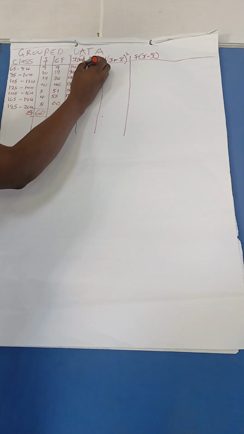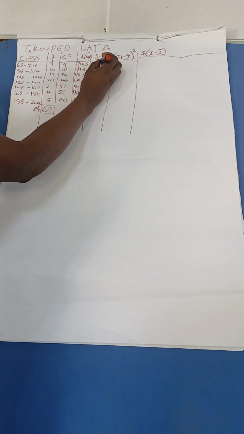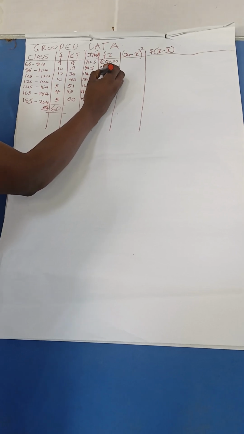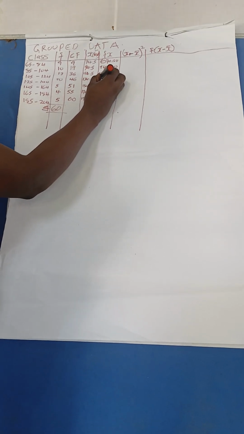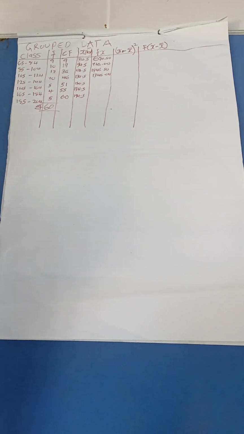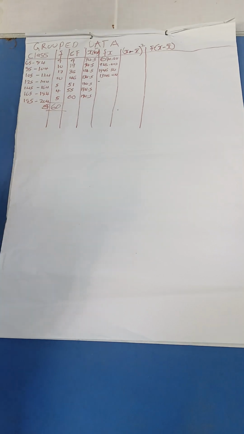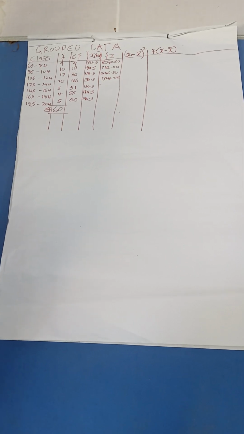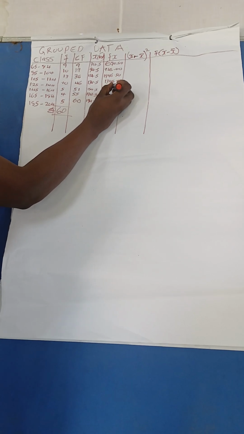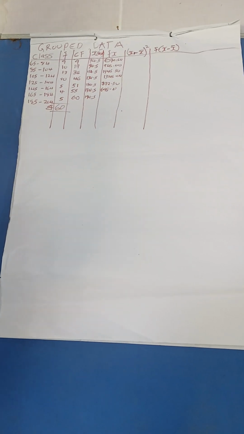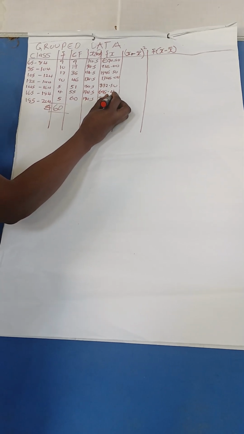So it will be 9 multiplied by 74.5, which gives the first figure of 670.50. Then here I will have 945.00, then 1946.50, then 1345.00, and so on through the remaining rows, ending with 972.50.